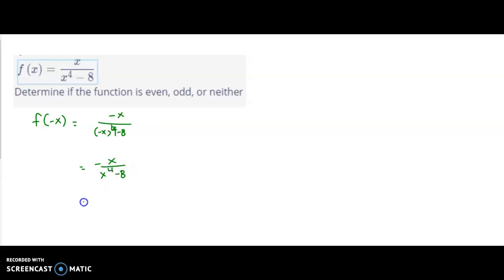Now if you take out a negative, you get x over x to the fourth minus 8. So at this step right here where I'm drawing the arrow, it's not exactly the same as the original equation, so it's not even at this point. That's why we take out a factor of a negative, and then if it's the same inside the parentheses like it is right now, then this is an odd function.